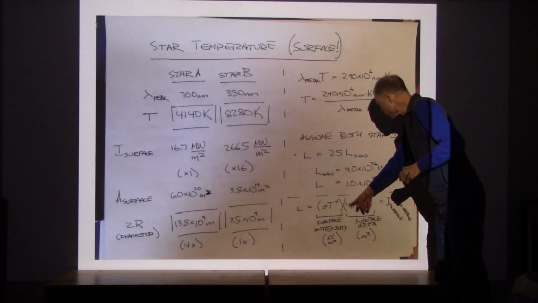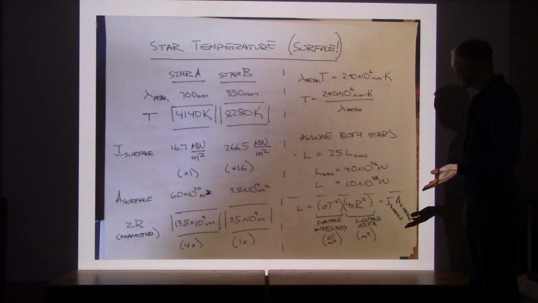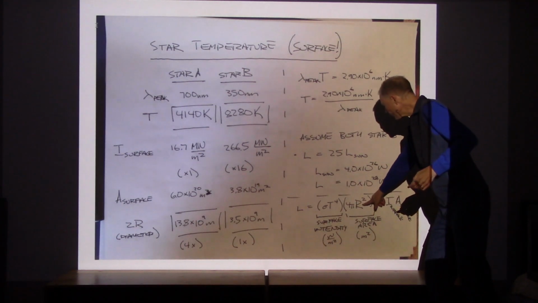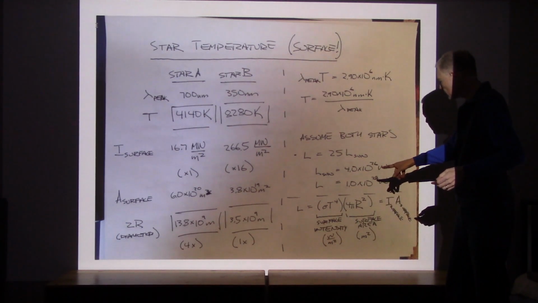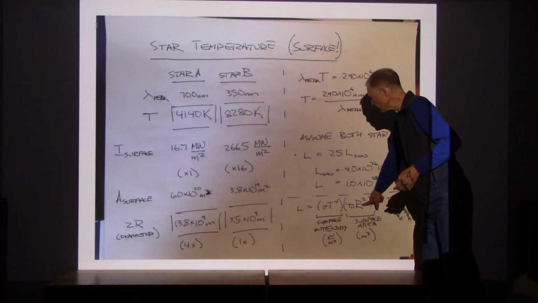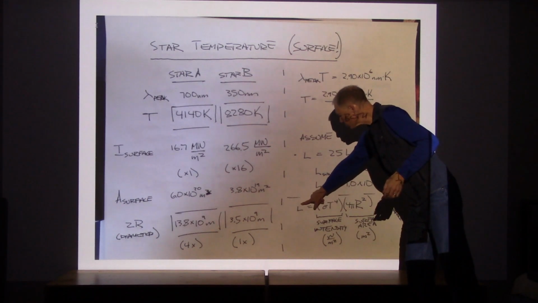Now the total surface area for a star, we'll say it's spherical, that's 4 pi times the radius squared. So there you go. There's a way that we can relate the surface area, or the radius or diameter of a star, to its surface temperature and its luminosity.